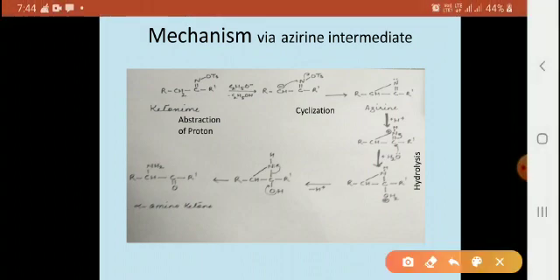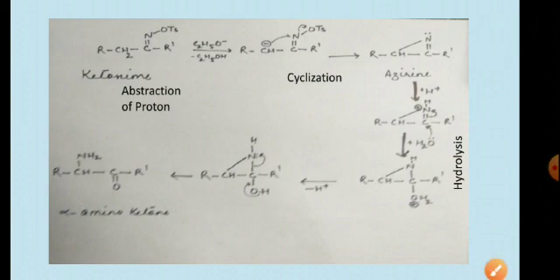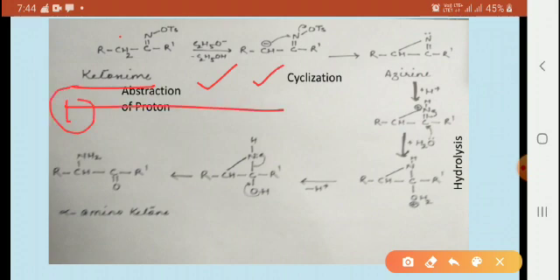Mechanism of the Neber rearrangement. The ketoxime starting reactant reacts with base. The base abstracts the most acidic hydrogen and forms the carbanion. Now the first step is deprotonation.